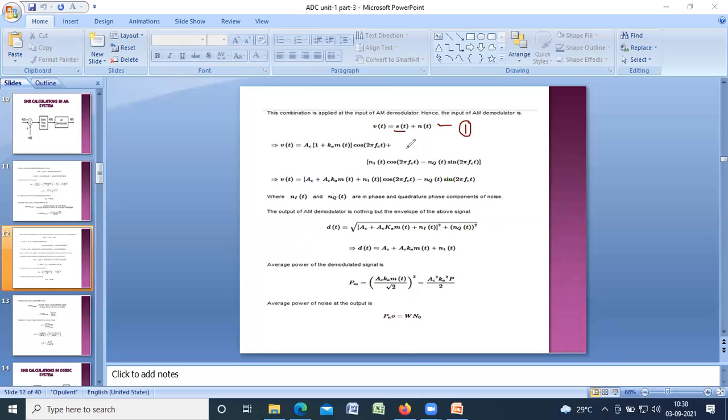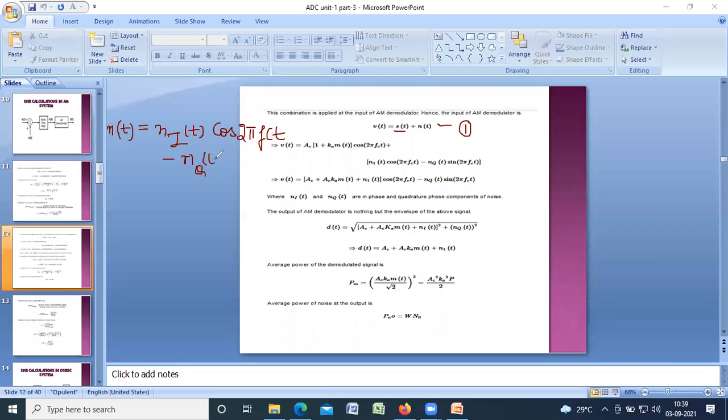Now what is noise signal? Please note this equation. N of t is equal to... there are two types of components in noisy signal. One is nI(t), that is the in-phase component of noise, nI(t) cos 2 pi fct, minus nQ(t), that is the quadrature component of noise, sin 2 pi fct.